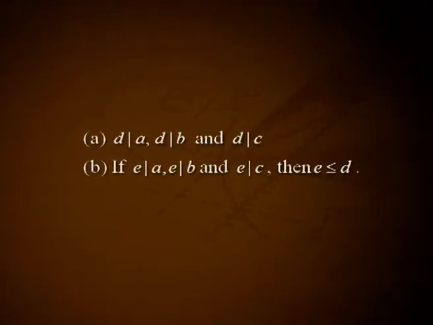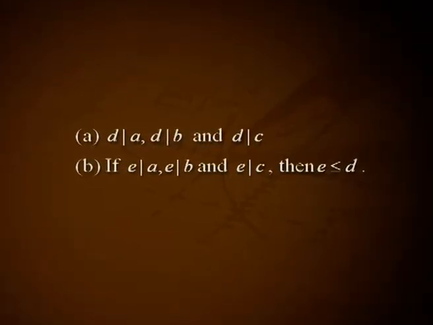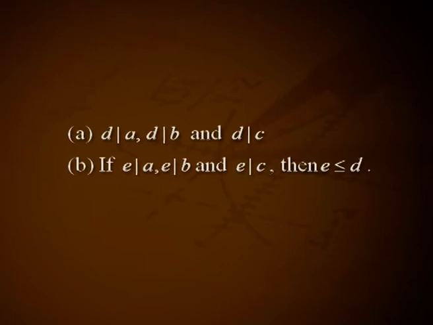If a, b, c are three integers, not all 0, GCD(a, b, c) is the positive integer d satisfying the following. A. d divides a, d divides b and d divides c.